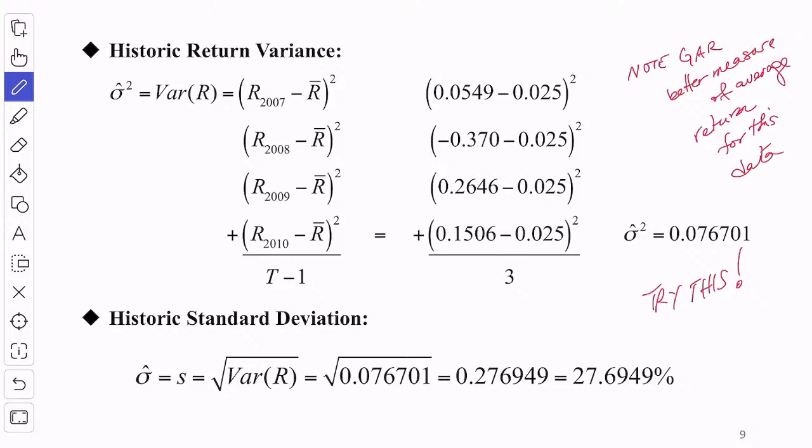Okay? Questions about calculating that? You could have put it in your calculator.